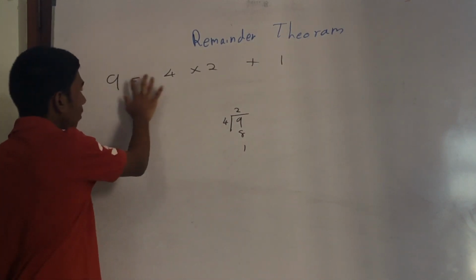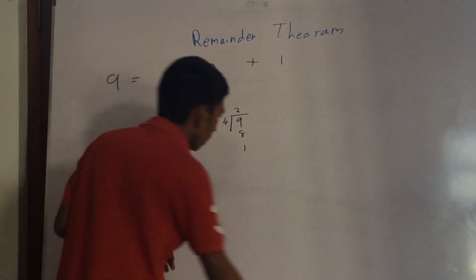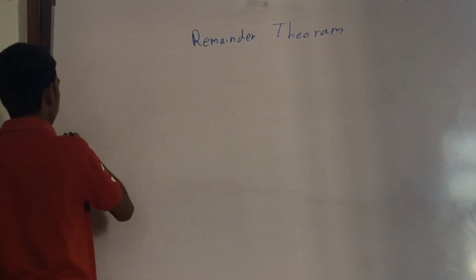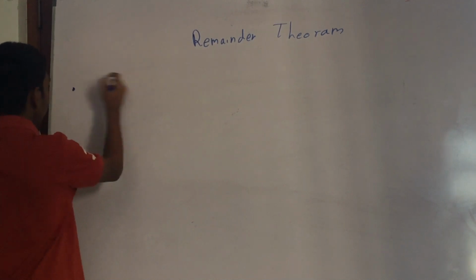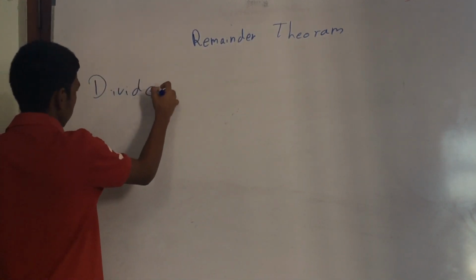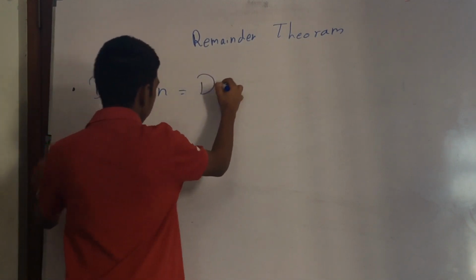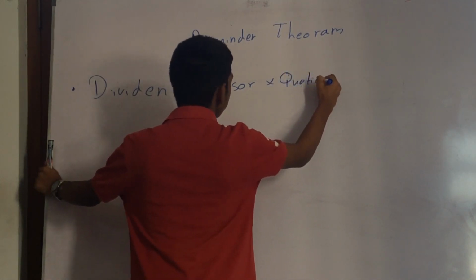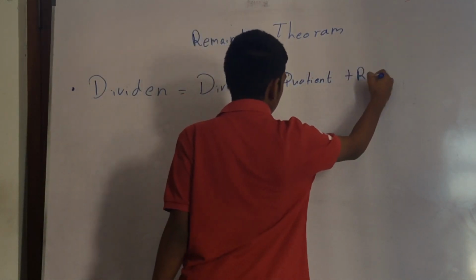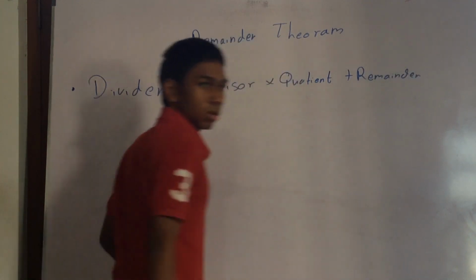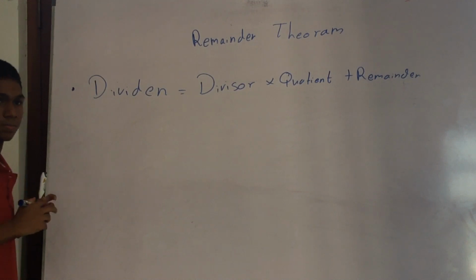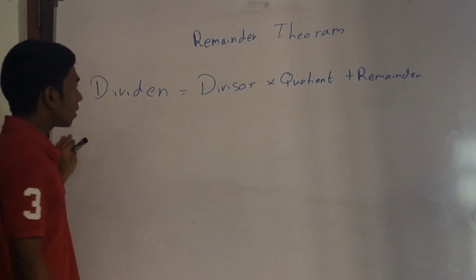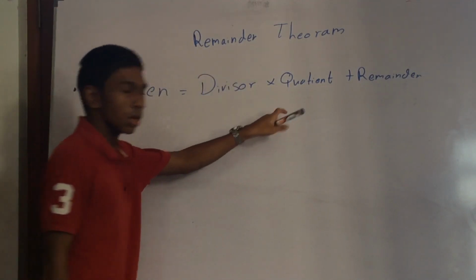So here, dividend is equal to divisor into quotient plus remainder.